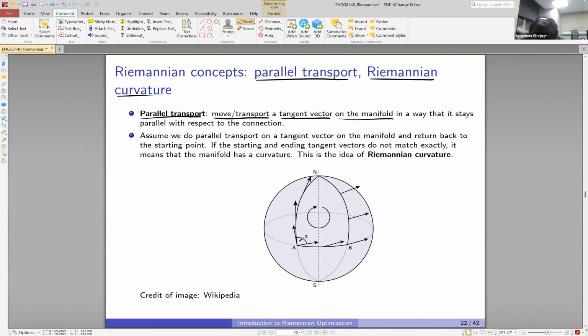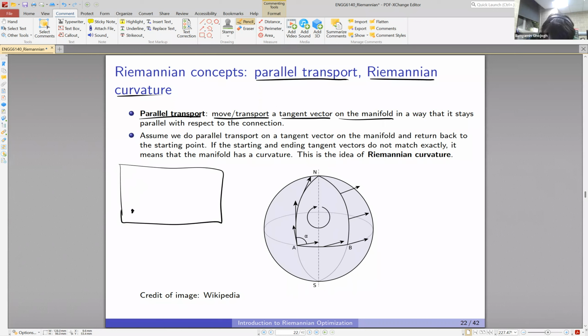So when you start from a point, you go on the manifold in some direction and come back to where you were. If you have curvature on the manifold along that path that you move, you will have some angle. So consider the flat Euclidean space.